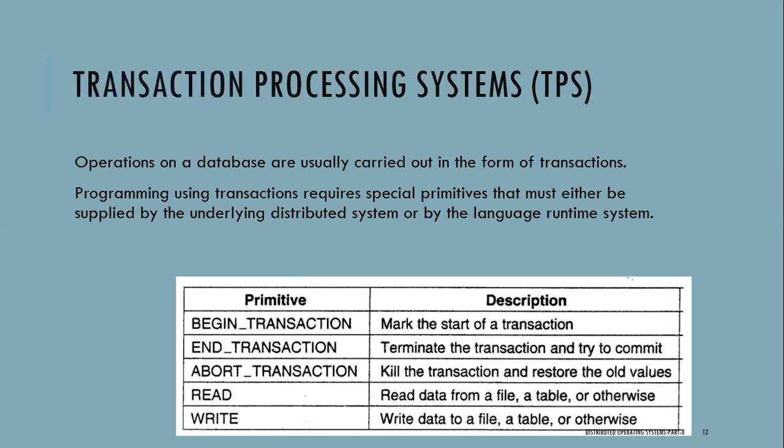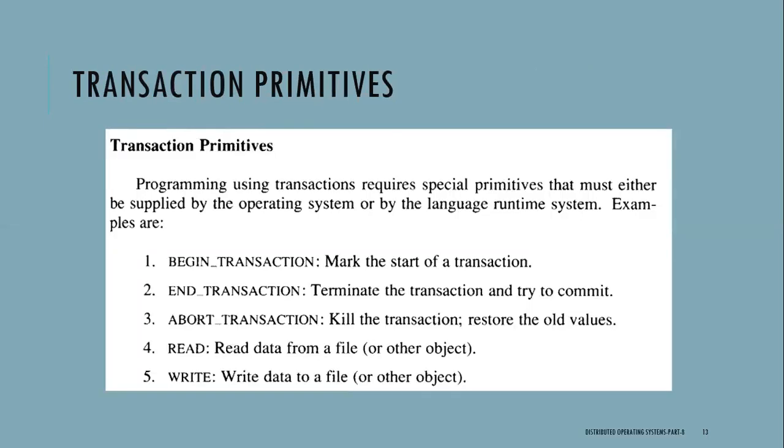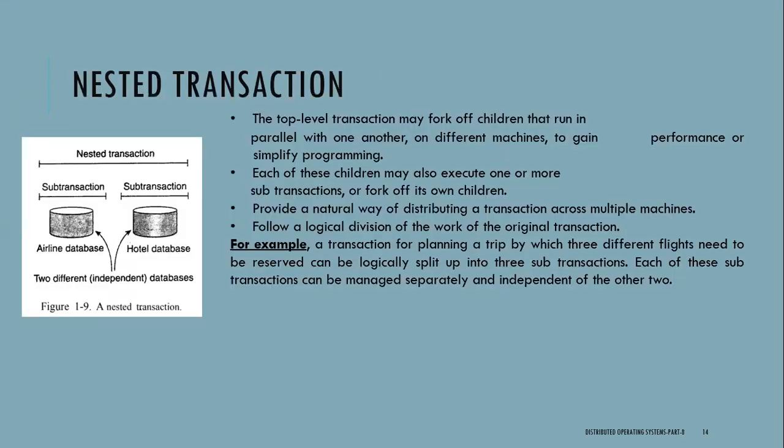Programming using transactions requires special primitives that must either be supplied by the underlying distributed system or by the language runtime system. Transaction primitives. Examples are begin transaction, end transaction, abort transaction, read and write.